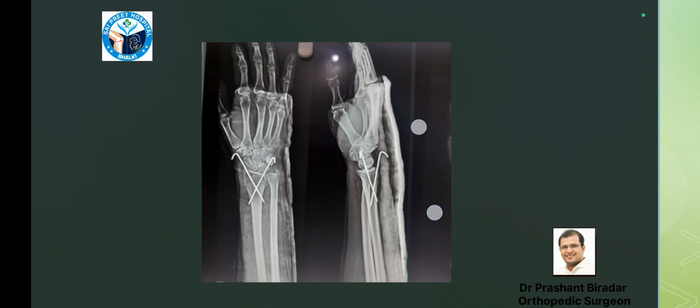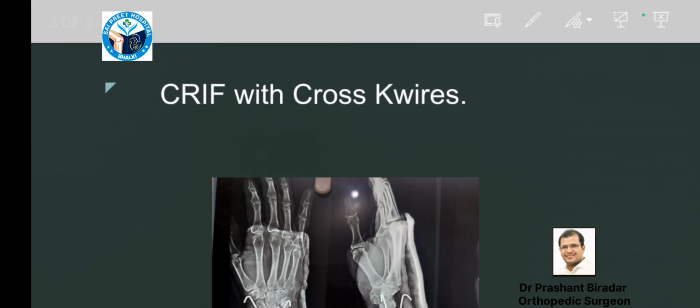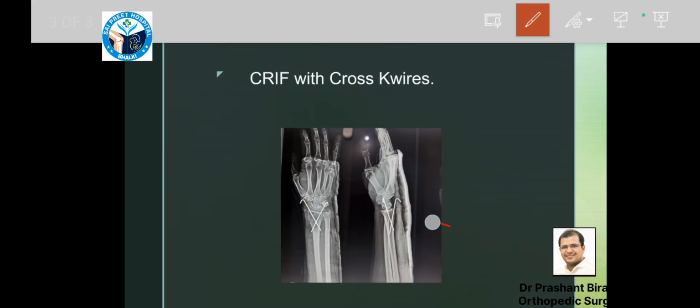This way we achieved a normal alignment. You can see here, in the lateral view of the radius there was angulation, but after reduction the angulation has gone. The radial height is also maintained; it has come to normal. After the surgery we have to put a plaster for at least 4 weeks, and the wires will be there for 4 to 6 weeks.